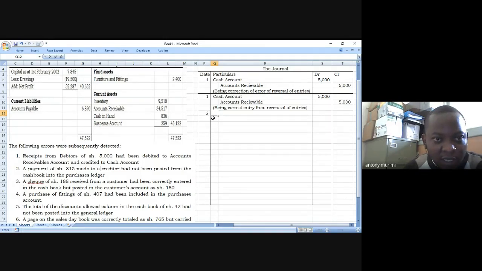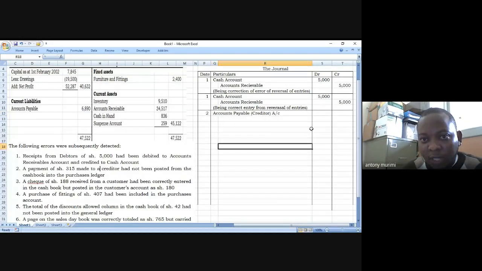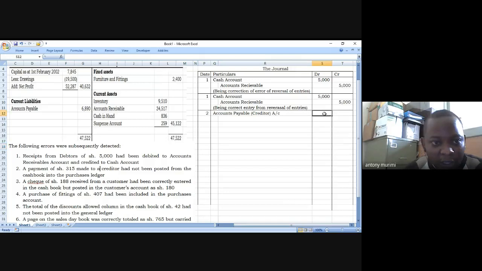In our case in this question they are referred to as accounts payable, which is the other name for creditors. The other name for debtors is accounts receivable. So accounts payable is creditors. We debit the accounts payable with what should have been debited, that is 315.